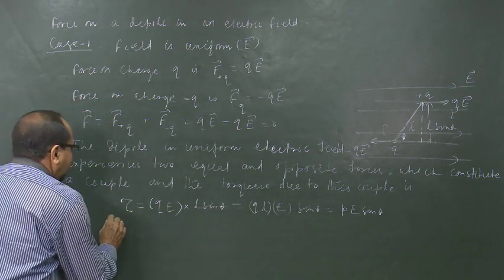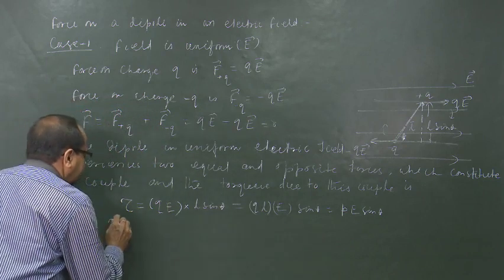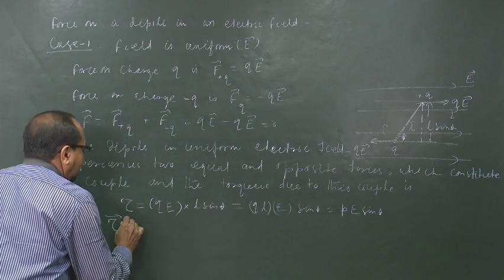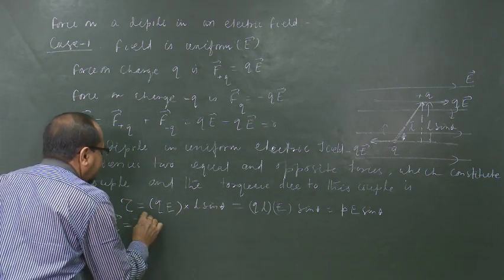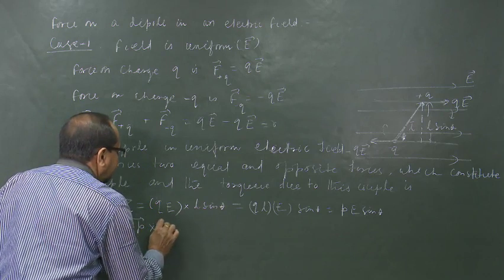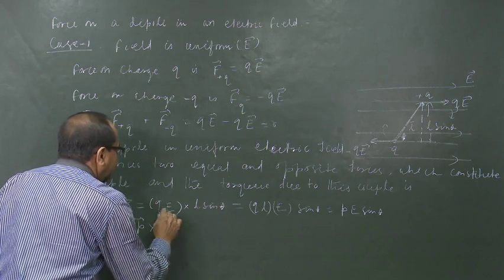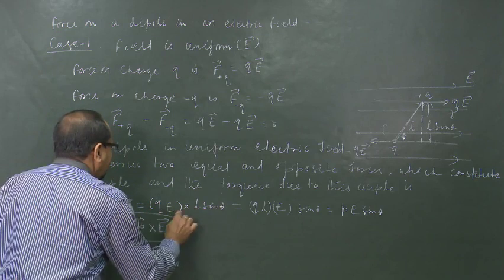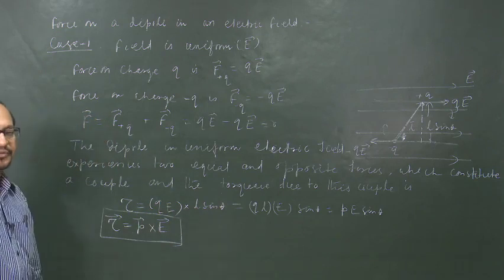So, in vector form, the torque on the dipole in a uniform electric field is tau equal to P cross E.